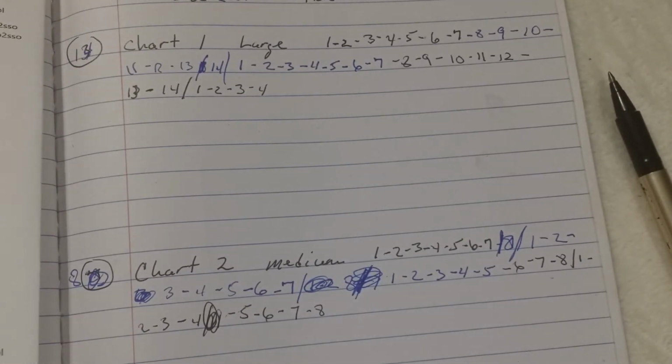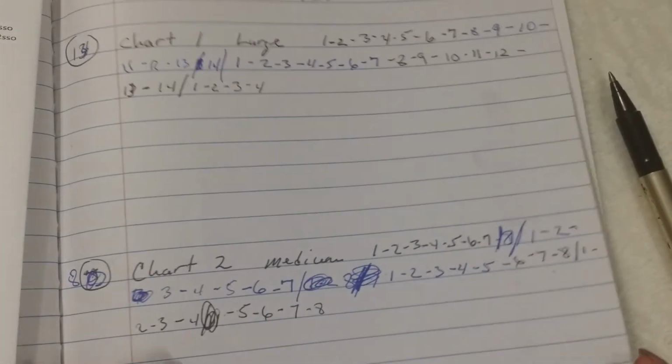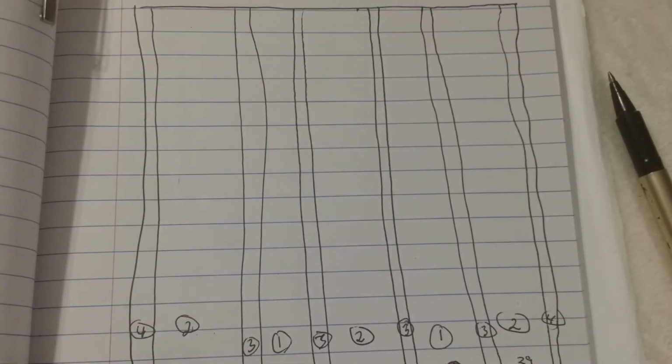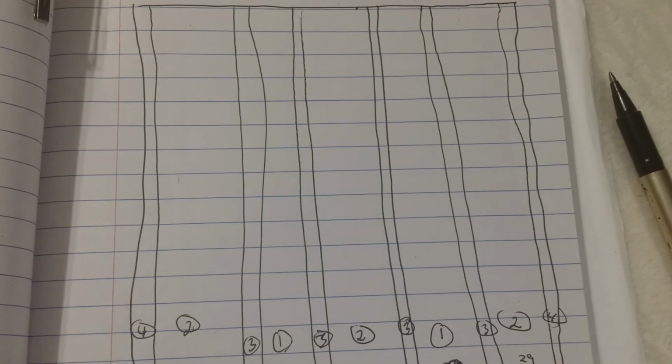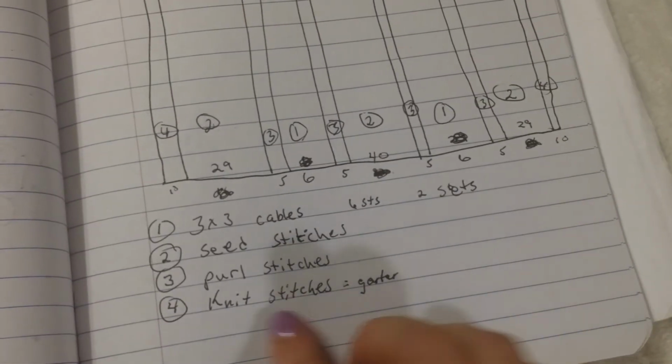I had to make corrections in my own patterns because the written pattern didn't come out the same way. So I always test my own patterns before I go to publish them in a book. But this is how I keep track of that particular purple sweater. There's a lot of writing going on here. But that's about it.